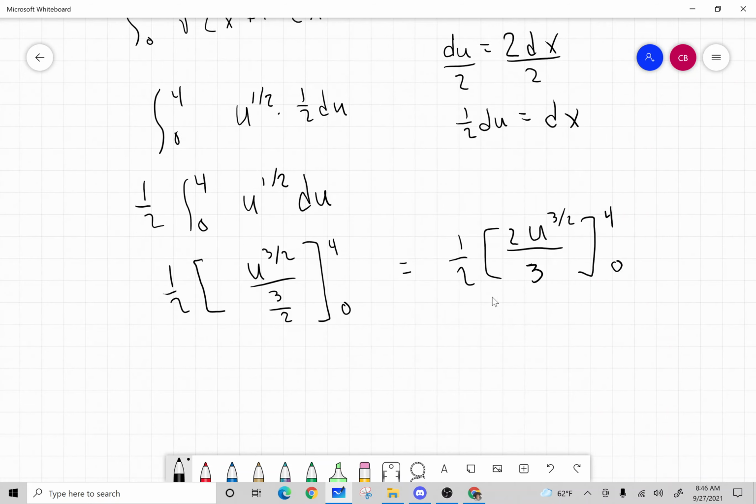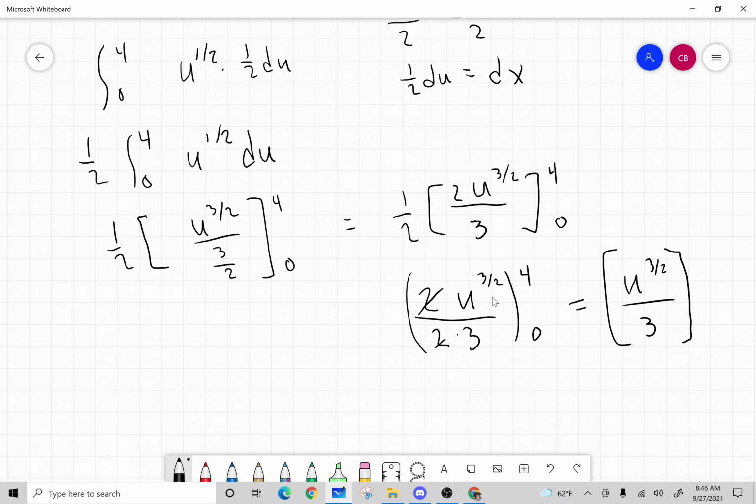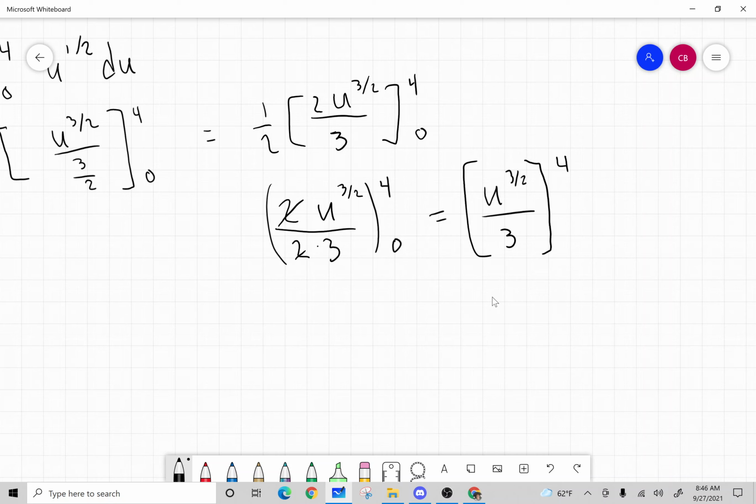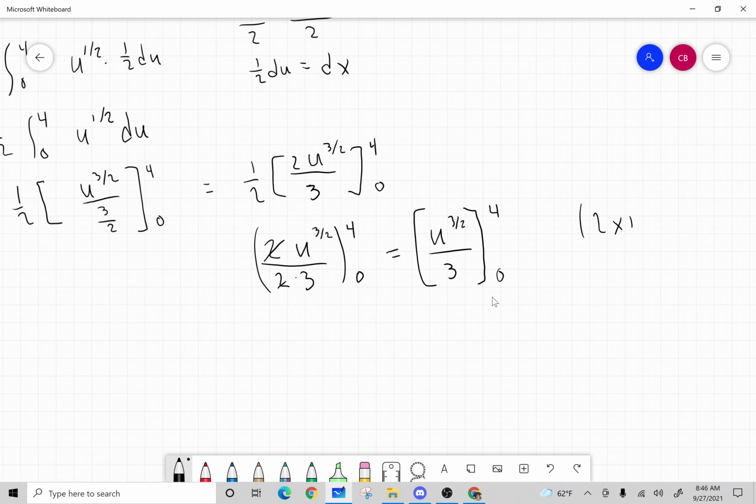Now I'm going to multiply this 2 back in here, so the 2s cancel, and now this is just u to the 3/2 over 3. Okay, u was 2x plus 1, so 2x plus 1 to the 3/2 over 3 from 0 to 4.